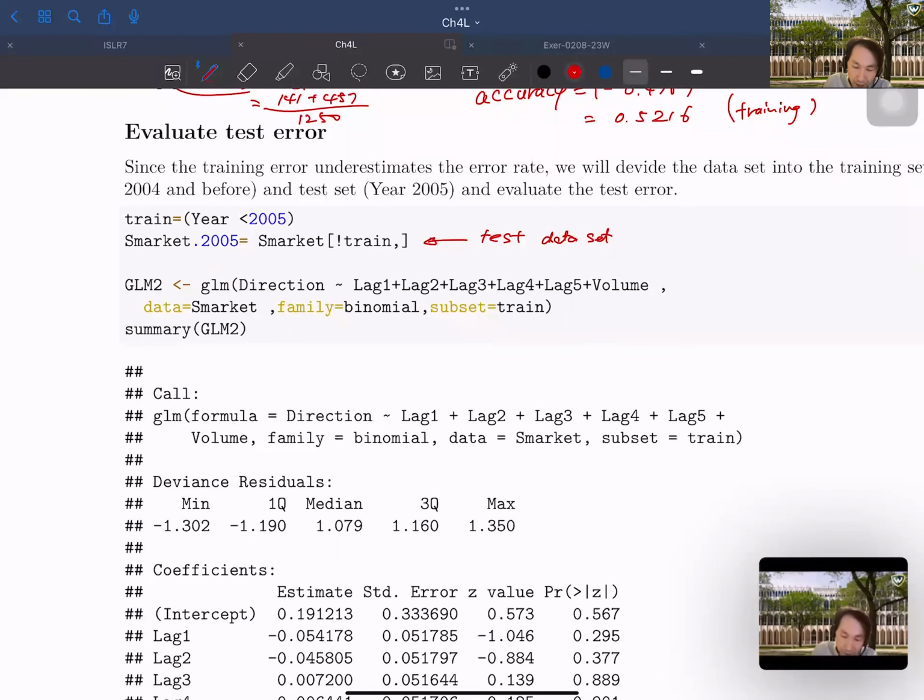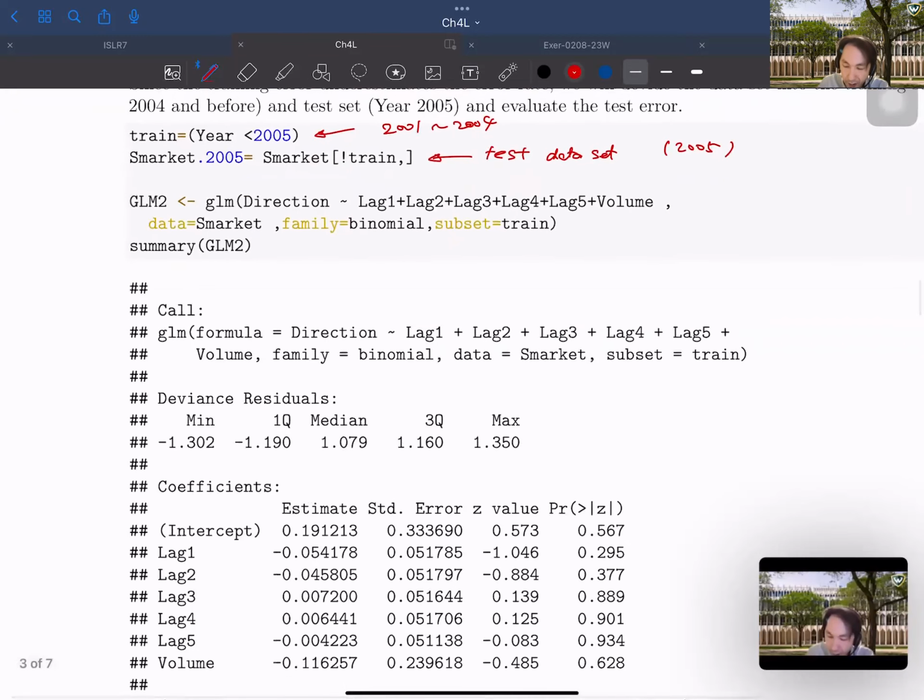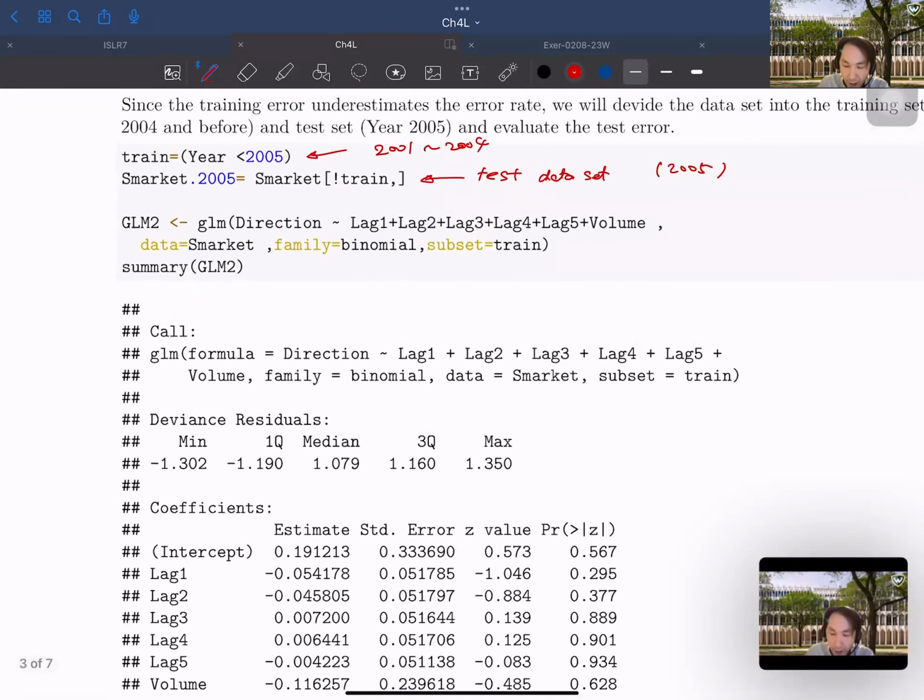At first we calculate on the training set. The training data set is 2001 to 2004, and the test data set is for 2005. So we have 5 years of data. We use the first 4 years to train and the last 1 year to test.